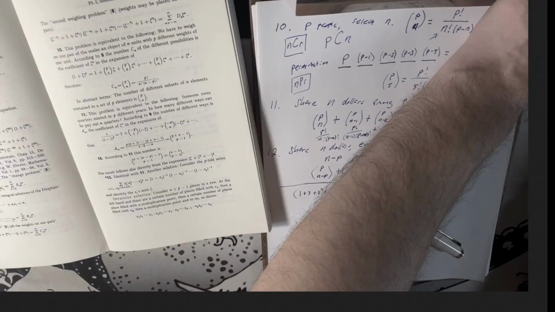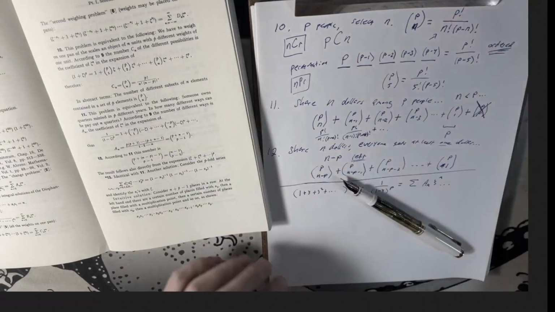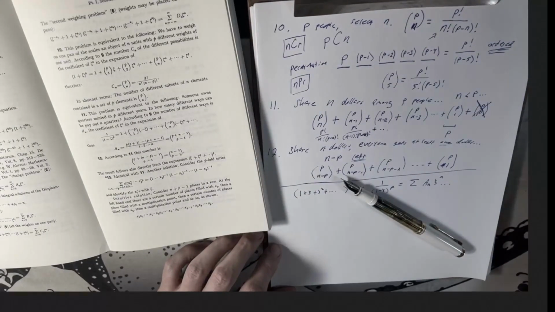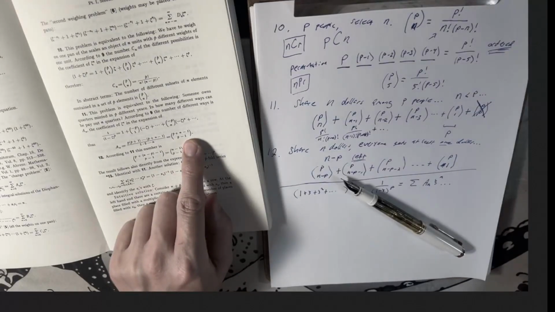It's not multinomial, but it is probably under like generalizations or something. I guess I thought it was worse than it is. Yeah, it's just this formula.